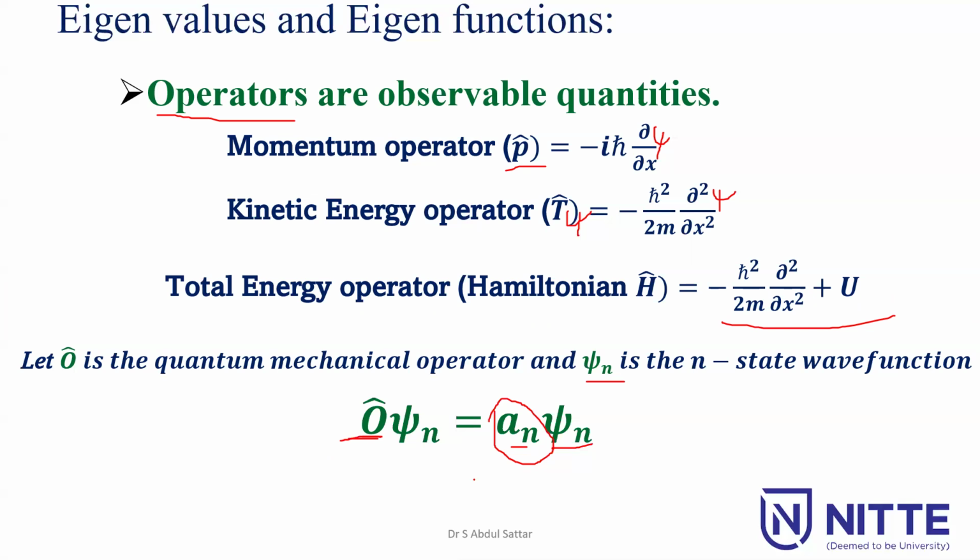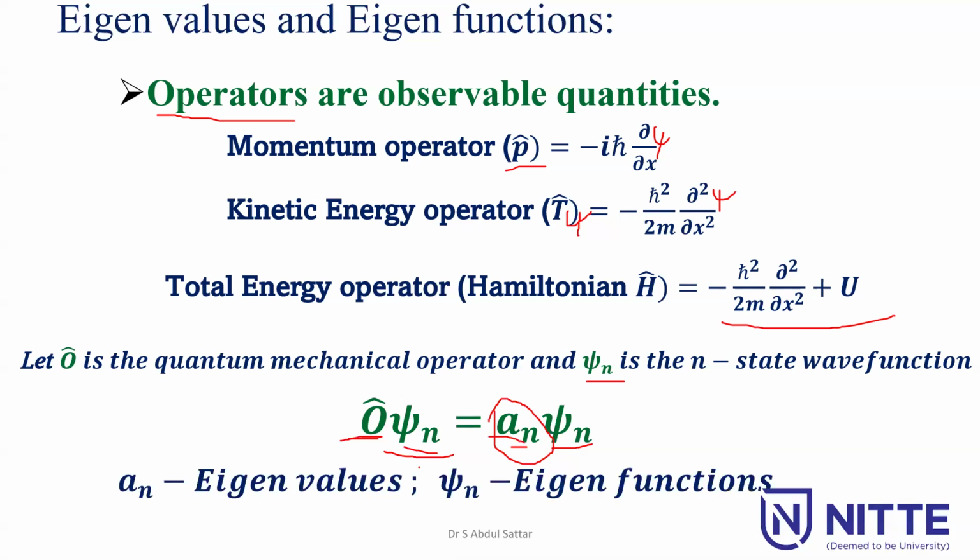These expectation values are called eigenvalues. So a n gives the eigenvalues, and this psi n is the state function or eigenfunction. For n equal to 1, it is the wave function in the first state, and for n equal to 2, the wave function in the second state. So psi n represents the eigenfunctions and a n represents the eigenvalues.